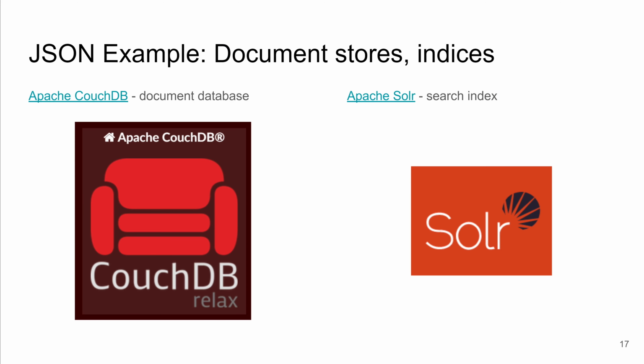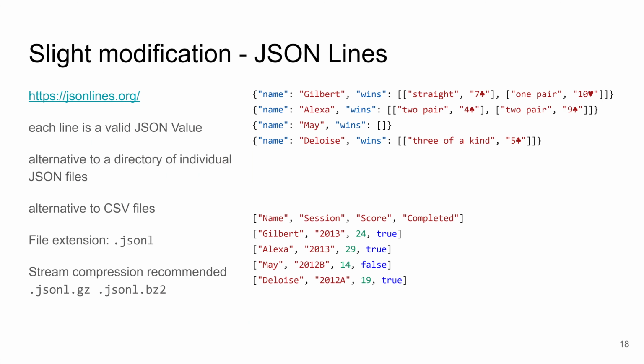of the search index. There is one slight modification used quite often, and this is JSON lines. And this is used when you want to have one file containing multiple records that are supposed to be processed one by one, so in a streaming fashion.